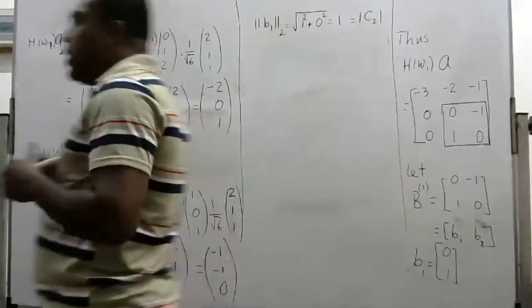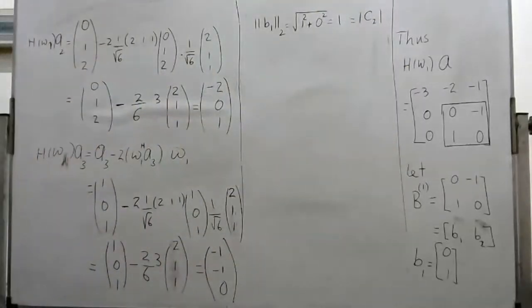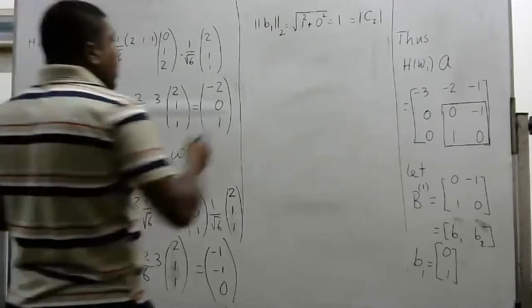So at the second step, you first have to find the constant C2, that is the 2 norm of B1. So that's the square root of 0 squared plus 1 squared. So that's clearly plus or minus 1.